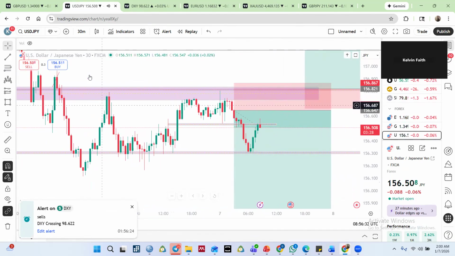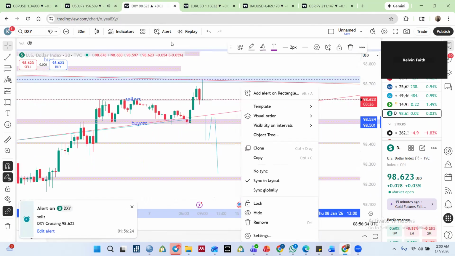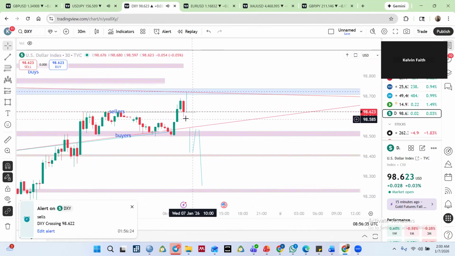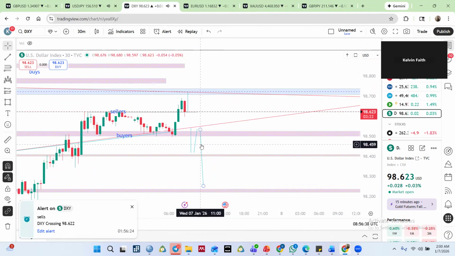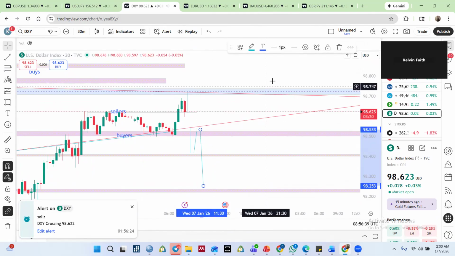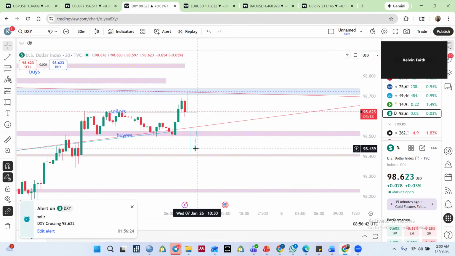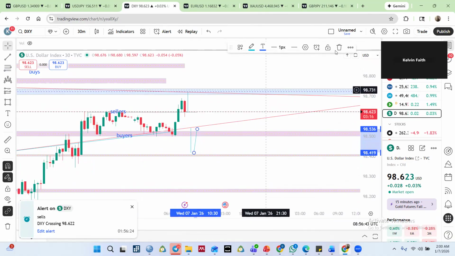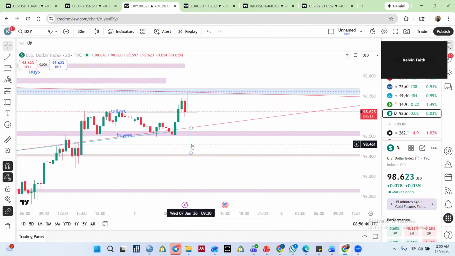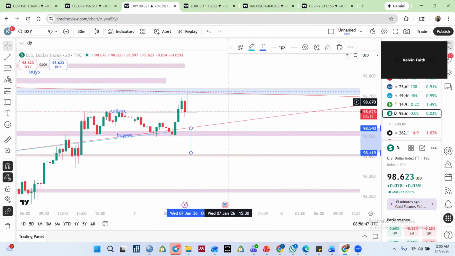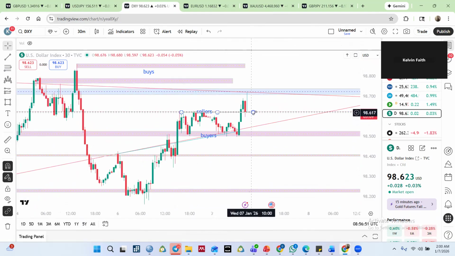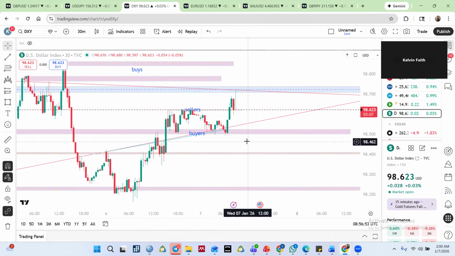So the DXY is already getting me the alert. Good. I'm getting the alert on the DXY. So I want to be selling below this area and also selling below this zone.